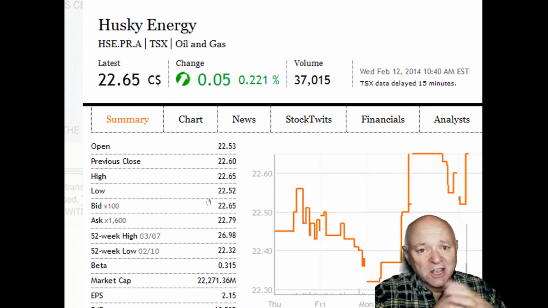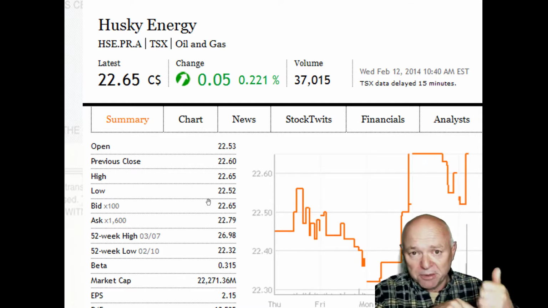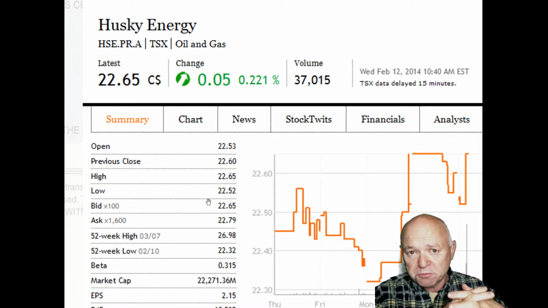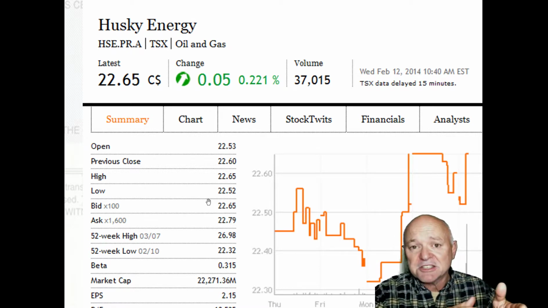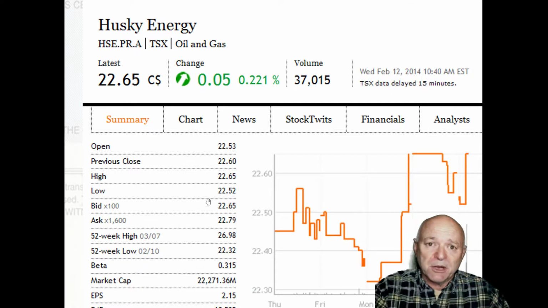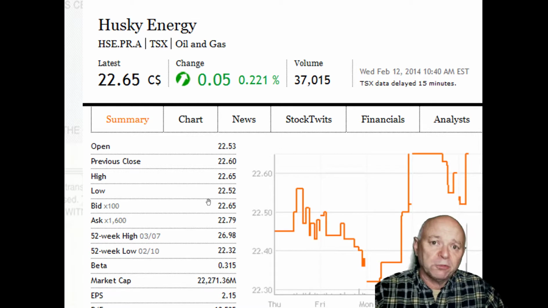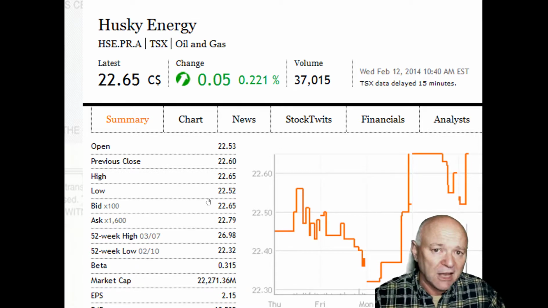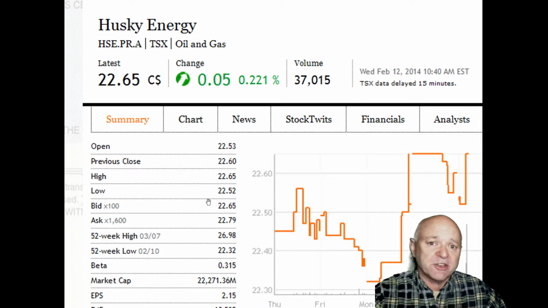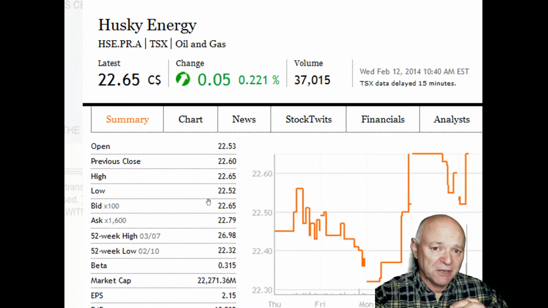When Husky needs to raise money, they could do it by issuing more common shares, they could do it by issuing debt, or they can use preferred shares. In this case, it's hard for them to issue common shares because this company, while it's publicly traded, is controlled by one family. Li Ka-shing from Hong Kong essentially owns the majority control. And if he issues more shares, he's going to lose his voting control of the company.